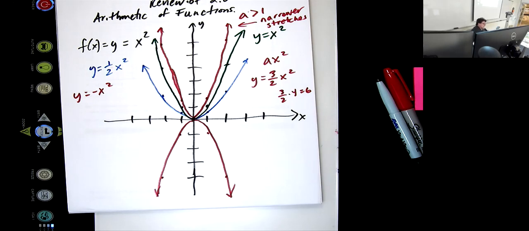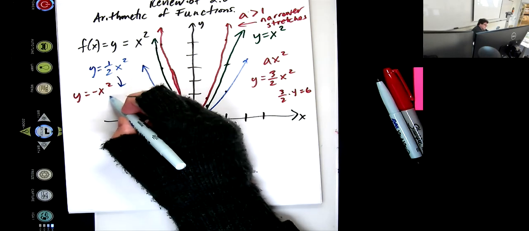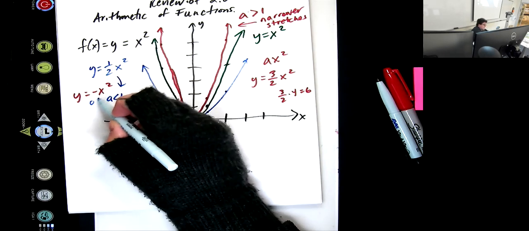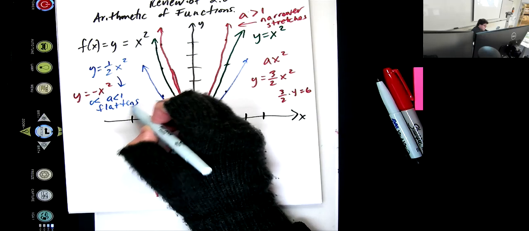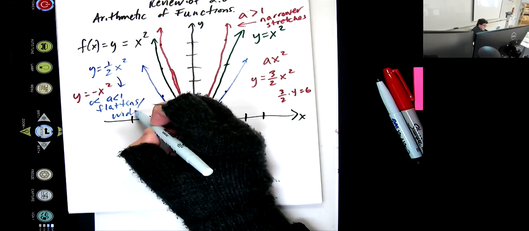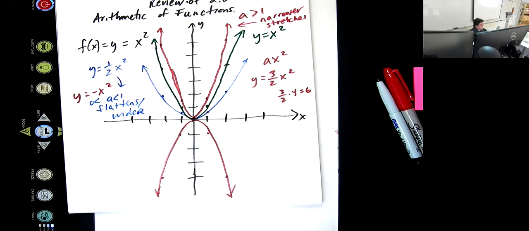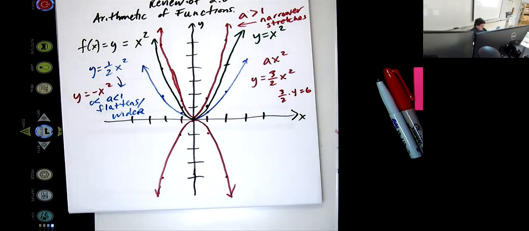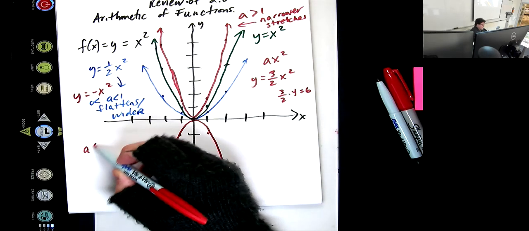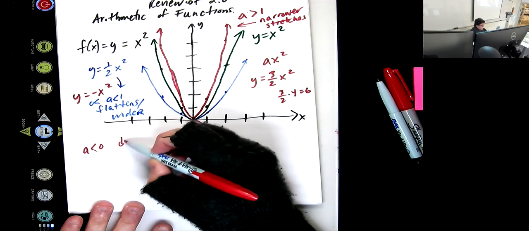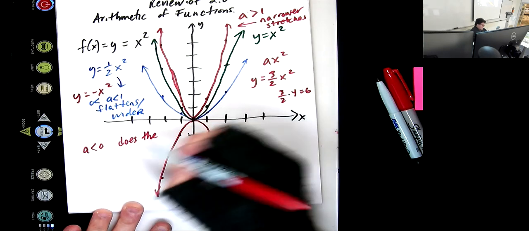When a is less than 1, but greater than 0, it kind of flattens it or makes it wider. And we can see down below what happens when it's negative. Negative, a less than 0, does the same as a greater than 0, but it's flipped over the x-axis.